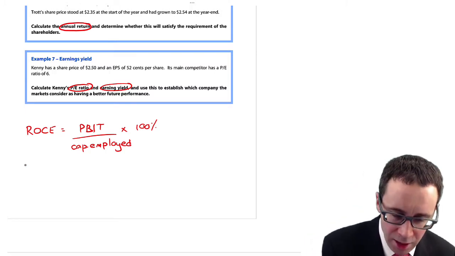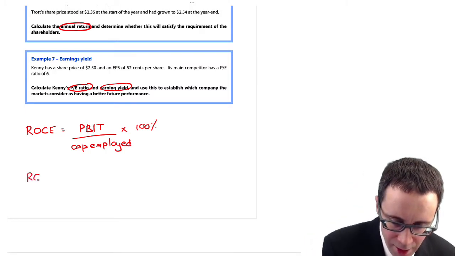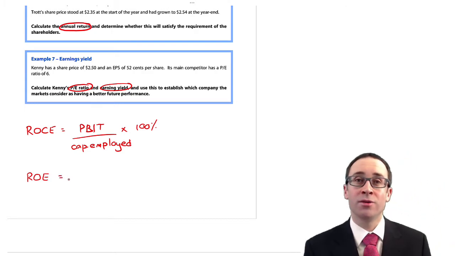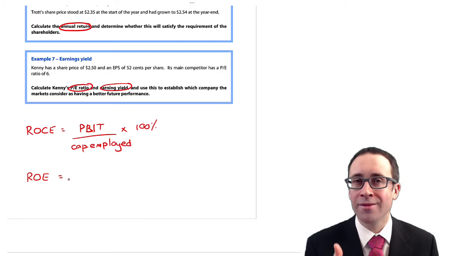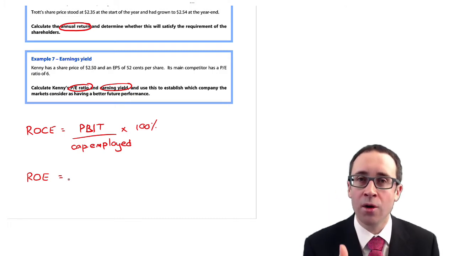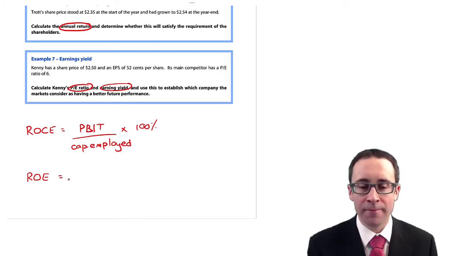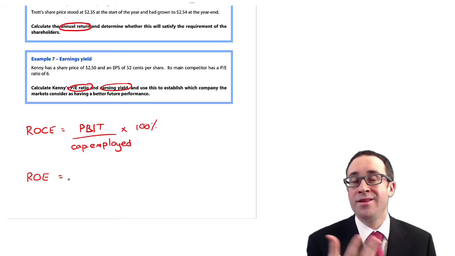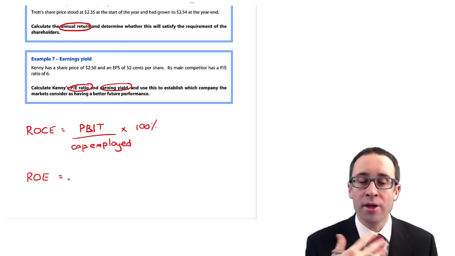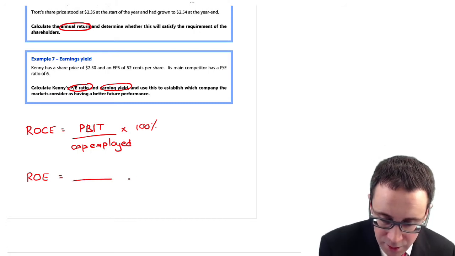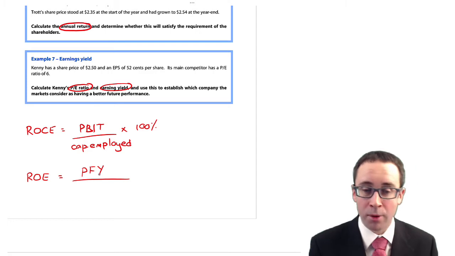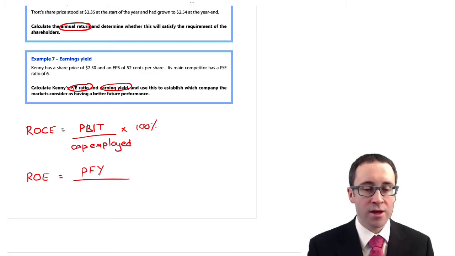That's why we then just start looking at your return on equity, because that then looks at the return that the equity holders themselves get, just the shareholders. What do they get as a return? Well, they get their return, their dividends, don't they, out of the company's profits for the year. So what we take there is not your profits before interest and tax, but your profits for the year.